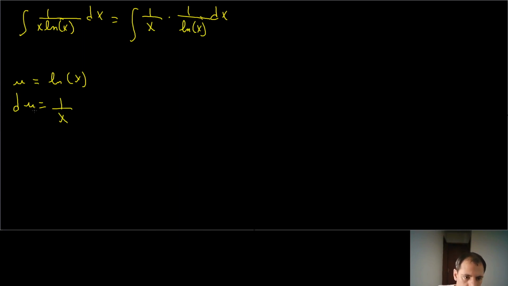So du is 1 divided by x dx, which means the dx comes over here, multiplying, and this x comes over here.